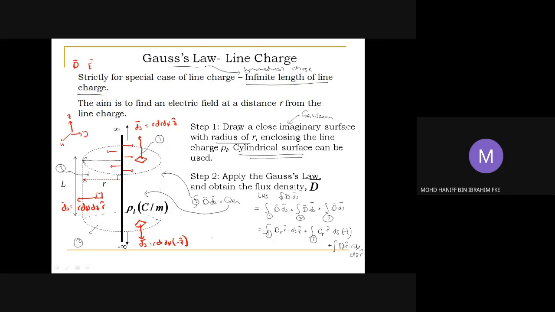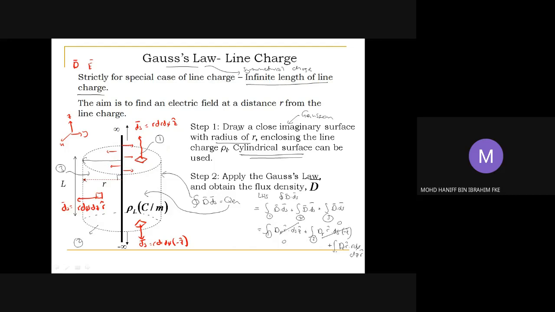Let us proceed now with the dot product for each surface 1, 2, and 3. For surface number 1, since we have a dot product between different vectors, r and z, this dot product will give us 0. Similarly, for surface number 2, we have a dot product between different vectors, r and negative z. This will also be 0.